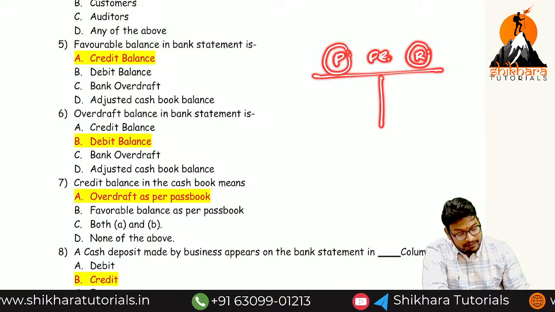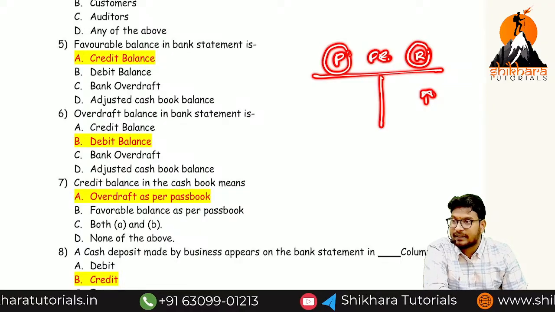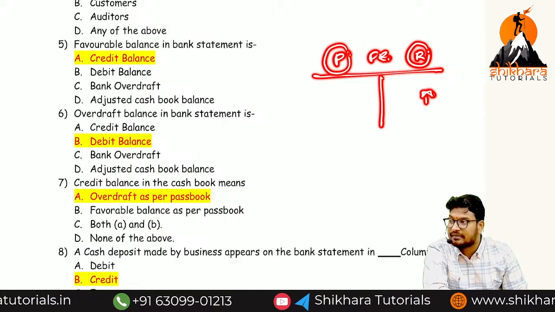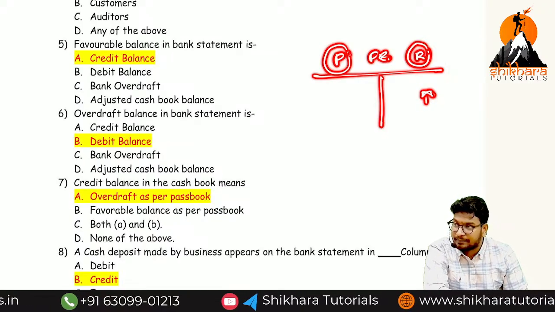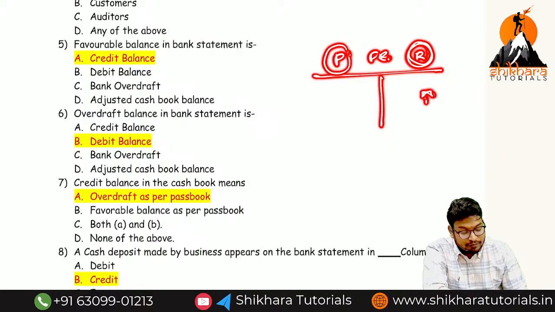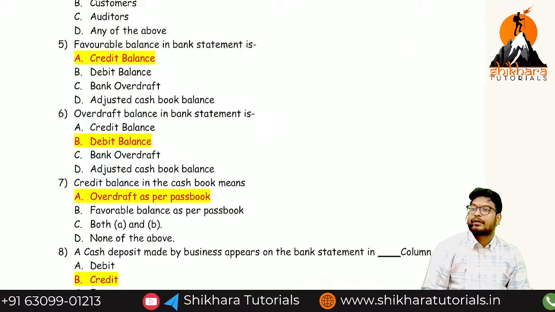Now if receipts are more, we are having which balance, ma? Credit balance. Credit side more than debit side means credit balance. Debit side more than credit side means debit balance. So favorable means credit balance and unfavorable means debit balance.